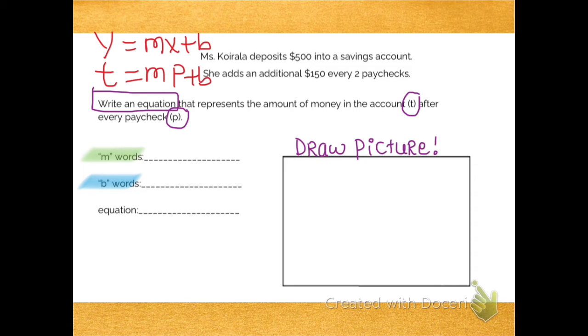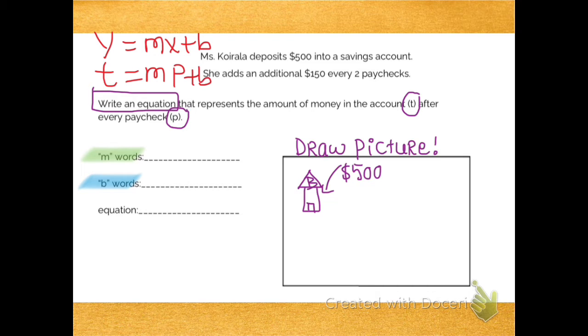I have deposited $500 into a savings account, which is at a bank. So I'm just going to draw a bank. I'm really bad at drawing, guys, so don't judge.